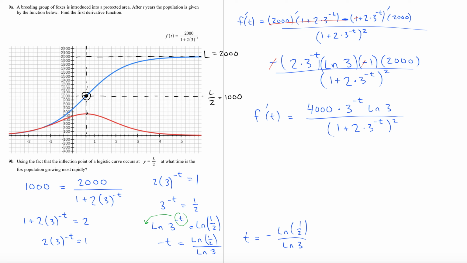All right, let's calculate that real quick. It's approximately 0.631 years.